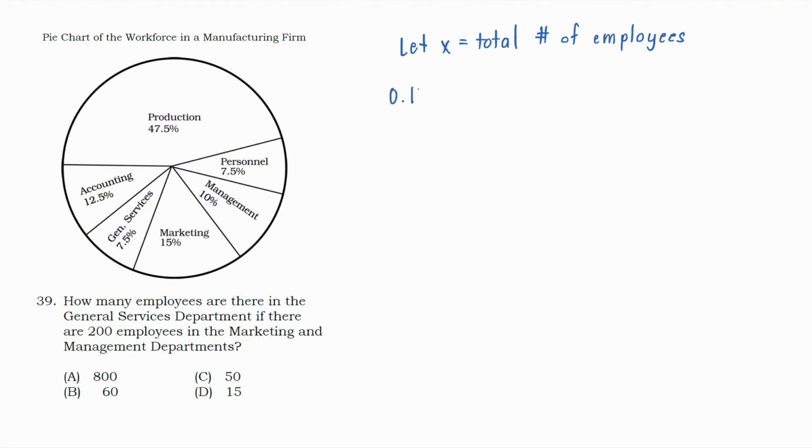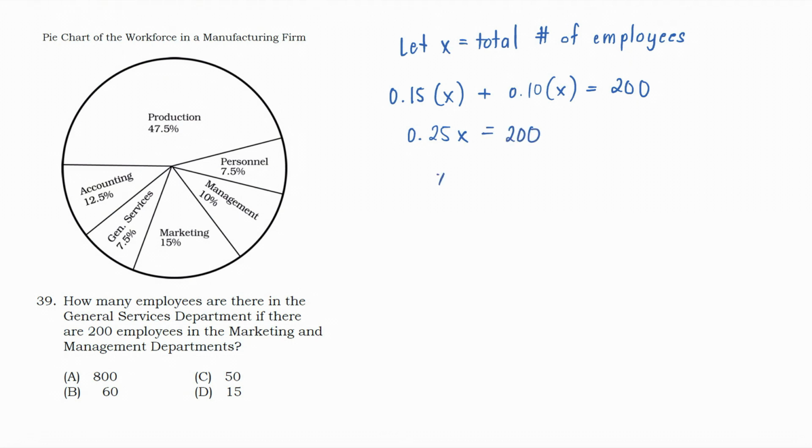So, 0.15, kasi 15% yung sa marketing, di ba? Times the total number of employees plus yung sa management, 10%. So, 0.10 times X is equal daw sa 200 employees. So, we have 0.15 plus 0.10 is equal to 0.25 times X is equal to 200.